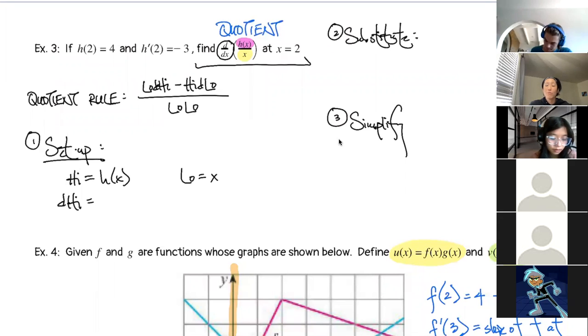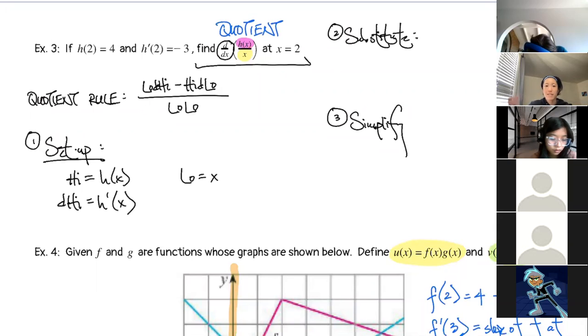So how do I represent the derivative of the high function? I don't have to know what it is. I just want to know how to write it. H prime. Good. So H prime of X.